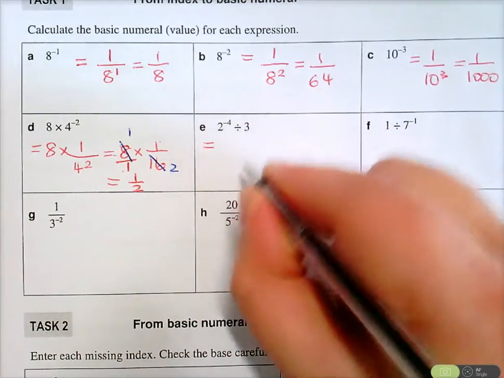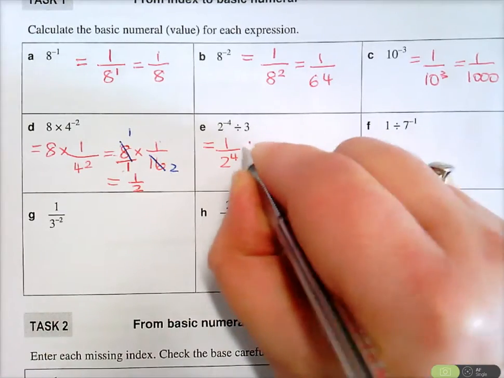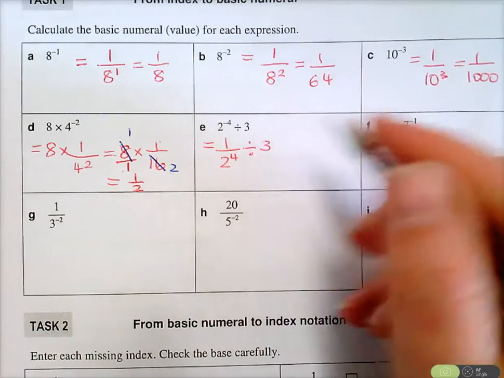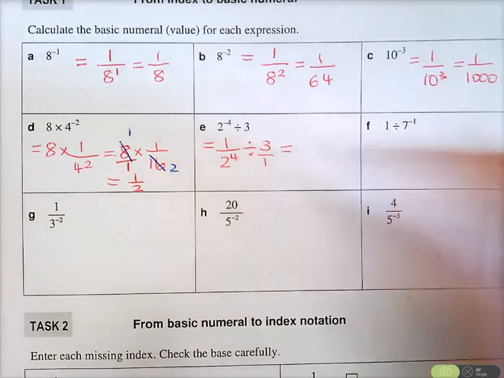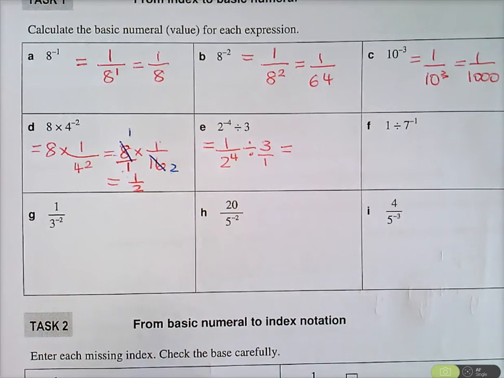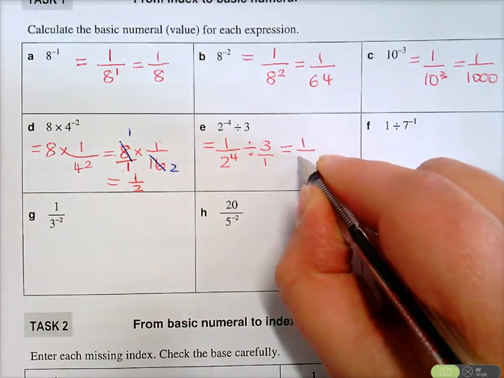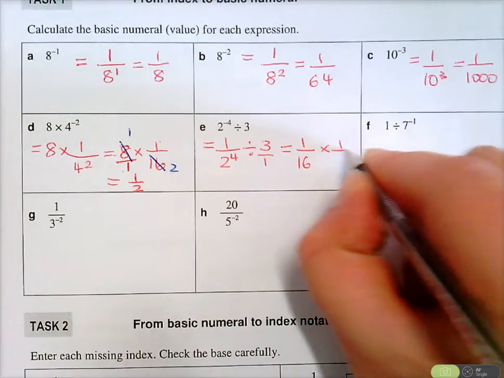All right, what's the next one? 1 over 2 to the power of 4 divided by 3. Now, girls, divided by 3 means divided by 3 over 1. So, girls, watch what I've done. 1 over 2 to the power of 4 divided by 3. What's 1 over 2 to the 4 as a number? 1 over 16. Instead of dividing by 3, which is 3 over 1, times by 1 over 3.